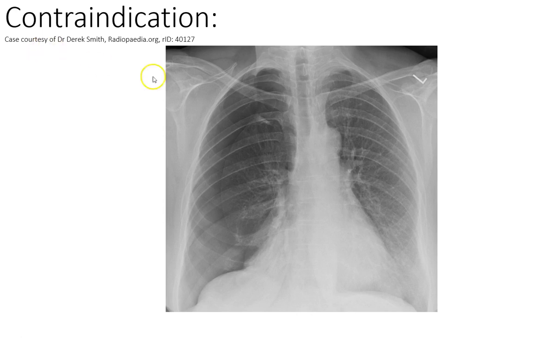Now, if we look at this film, we can see the spinal cord is nice and straight and central, the intervertebral discs behind the heart. Counting the ribs down, 1, 2, 3, 4, 5, 6, 7. It's the high hemidiaphragm. Oh, that looks nice and crisp, doesn't it? On this side, 1, 2, 3, 4, 5, 6.